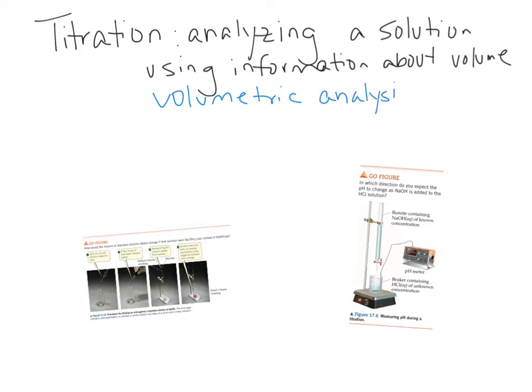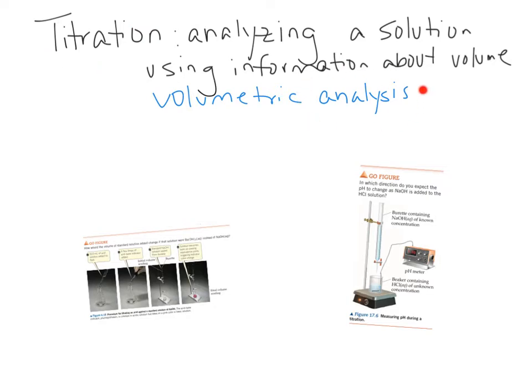And I want to point out, first of all, in this unit, let's remember that we're thinking of reactions in solution. So we use titration when we have solutions, things that are dissolved in water or other liquids. It's a way of analyzing a liquid, not a pure liquid, a solution.